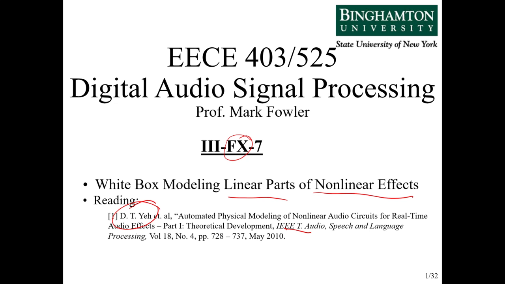The paper just dives right in and does the entire linear and nonlinear approach right off the bat. What I've decided to do is to first take you through how to apply this idea just to a linear circuit. That's going to take us 32 slides, which is going to run quite a bit of time because it's pretty detailed.